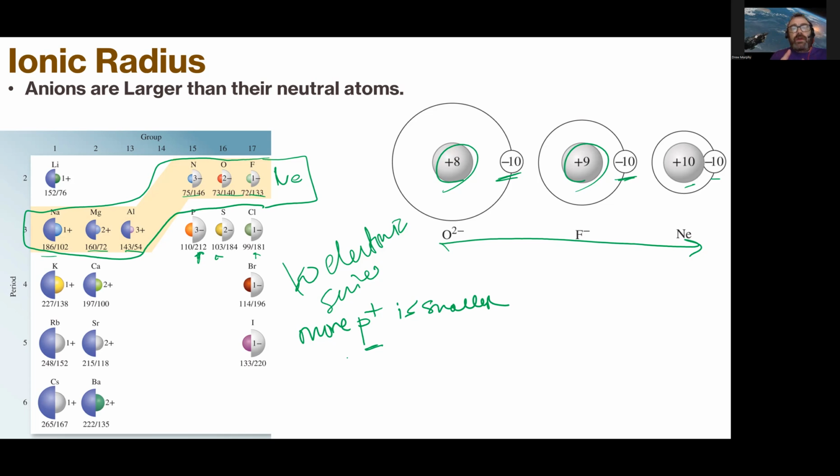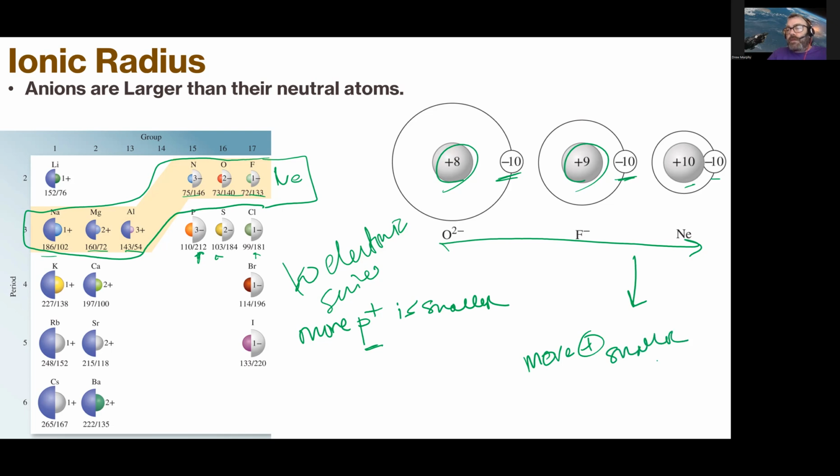So there's lots of ways to think through this. I think of it as if you're looking at a set, just make sure it's isoelectronic, or make sure it's going down a group and all the charges are the same, or it's the same element with different charges. Those are really the only three things we can compare this way. But if there's an isoelectronic set, then anything that has a more positive charge is going to be smaller.